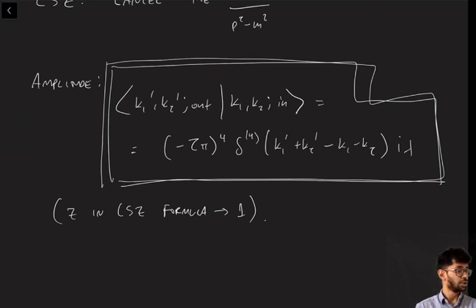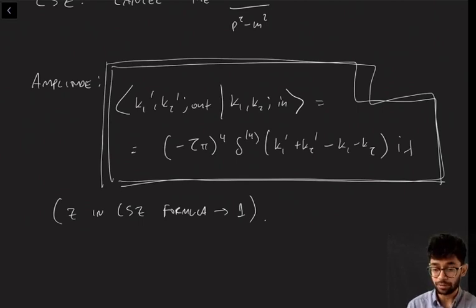Okay, so that was a lot of work. It's possible the bits and pieces of how this fit together weren't immediately clear. So I encourage you to pause the video, scroll back upwards, and just make sure that it's clear how this sort of painful combination of kinematic factors all conspire to give this answer in the matrix element.